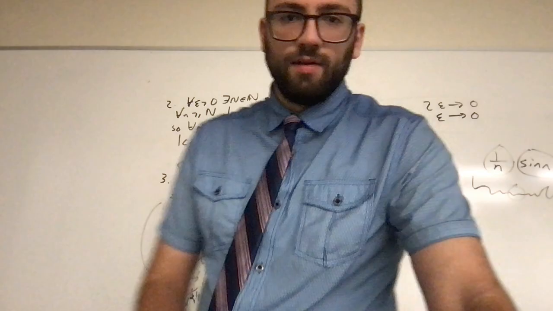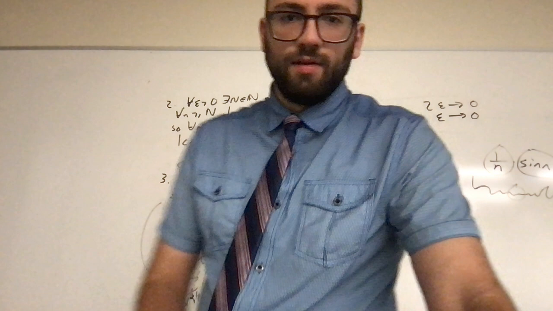So then for n greater than or equal to the max of, and I should really give these names here, N1, N2. So n bigger than the max of the 2, we get absolute value of xn plus yn minus a plus b is less than or equal to absolute value of xn minus a plus absolute value of yn minus b.